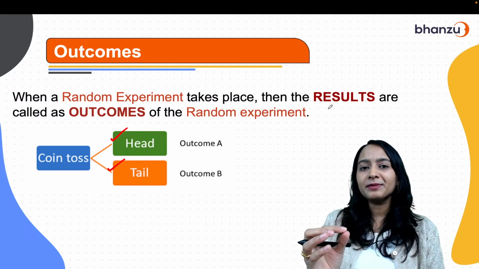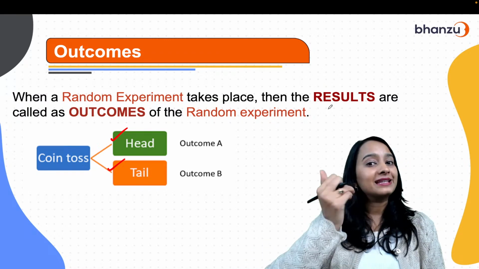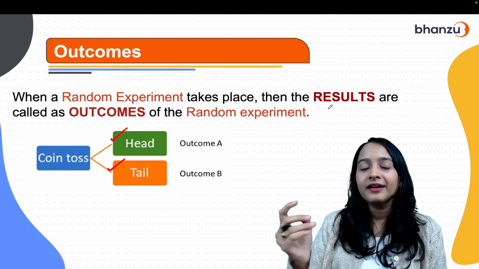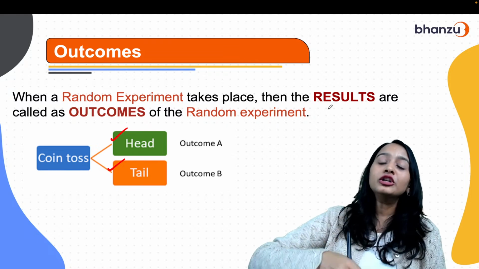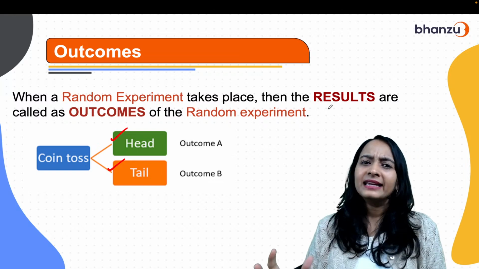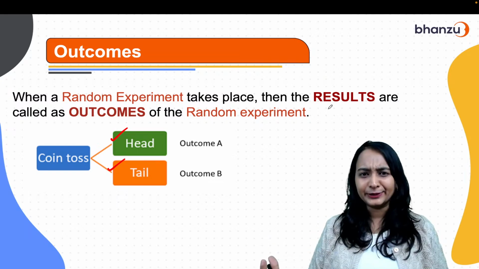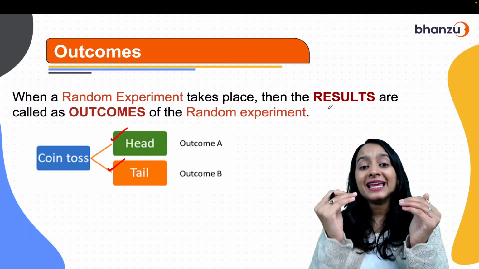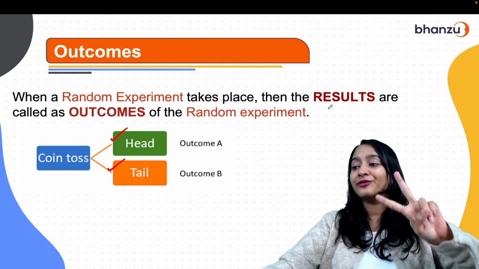So what is a random experiment here? An experiment where the result is unknown, is uncertain. For example, tossing a coin. When you toss a coin, you don't know exactly what you will get all the time. It can either be heads or it can be tails. So these heads and tails are two different outcomes.